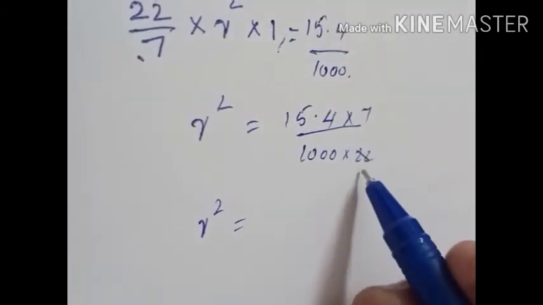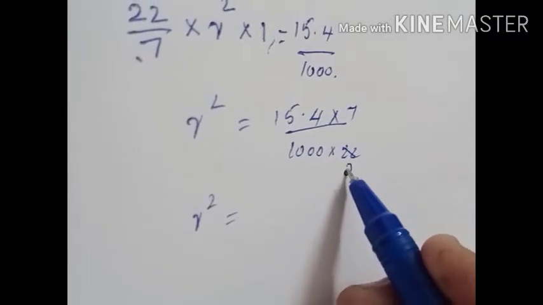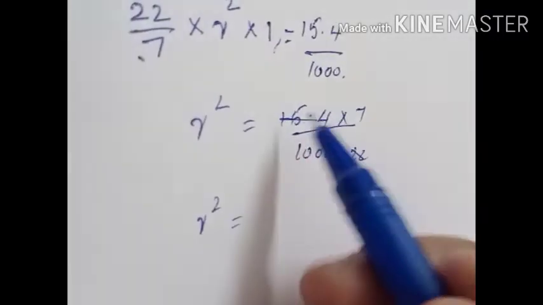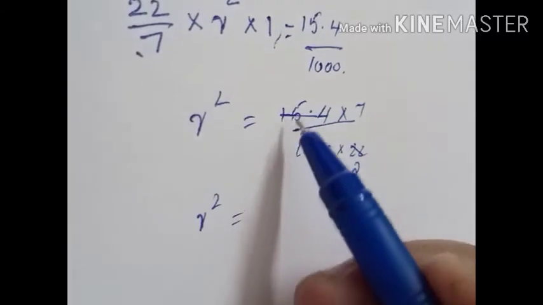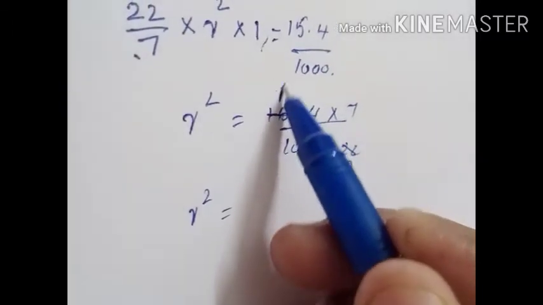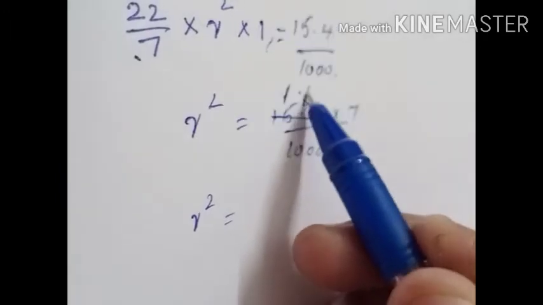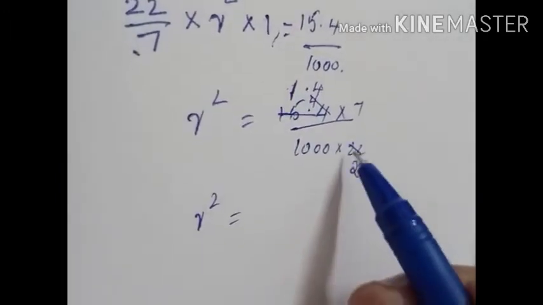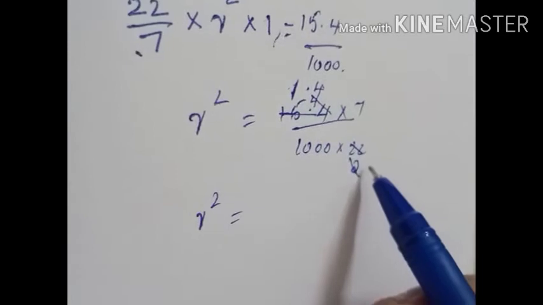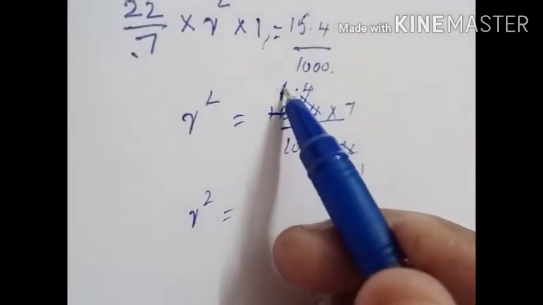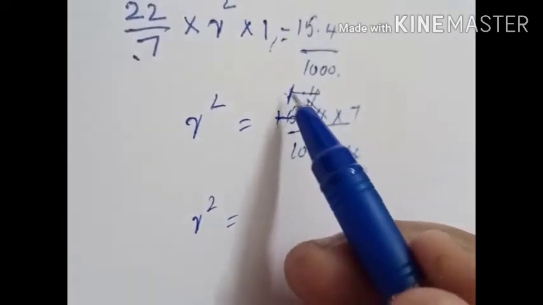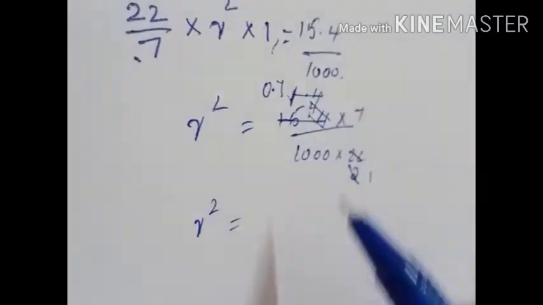So in 22, 2 11s are 22. Now here in 15, 1 11s are 11. Then remaining 4. Then in 44, 4 11s are 44. Then again we can cut it 2 by 2, 1. Thus 1.4 by 2 is 0.7.